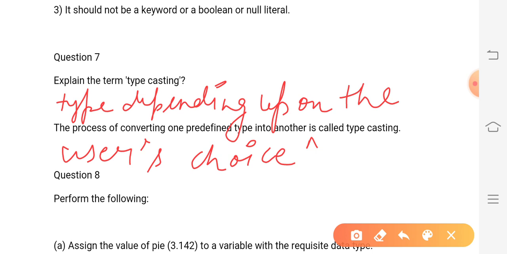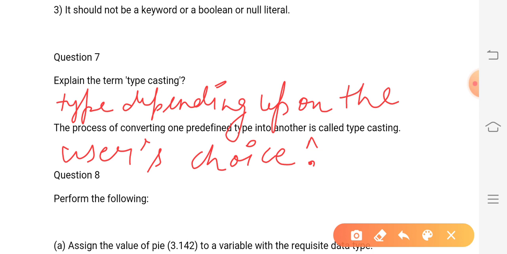Depending upon the user's choice. Now this is the appropriate definition. Mark it. The process of converting one predefined type into another type depending upon the user's choice is called typecasting. Clear?